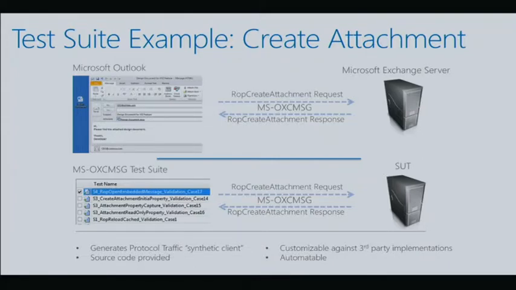So the question is, what is SUT and what is the SUT adapter? I have a detailed example about what the SUT adapter is and in what cases we use it. I also have the example in a later slide.